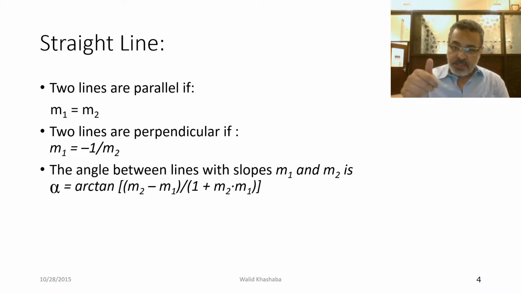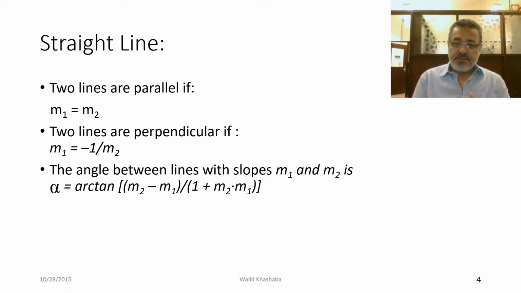Reciprocal means the multiplicative inverse. The additive inverse means if one of the lines has a positive slope, then the perpendicular line to it is definitely going to have a negative slope, of course.